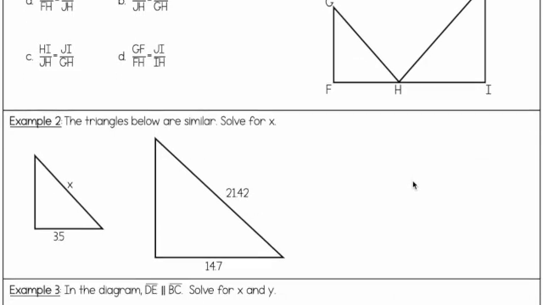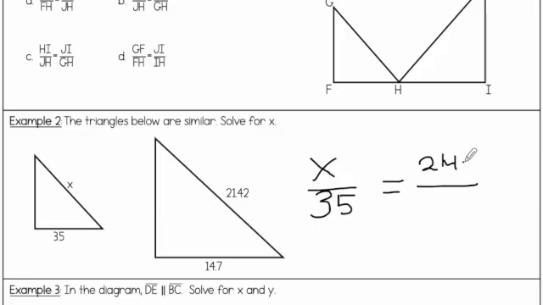The triangles below are similar. Solve for x. Okay, so I'm going to set up a proportion. And I have x, because I like seeing x on top, over 35 is equal to the corresponding parts. Okay, this is a 1 here.